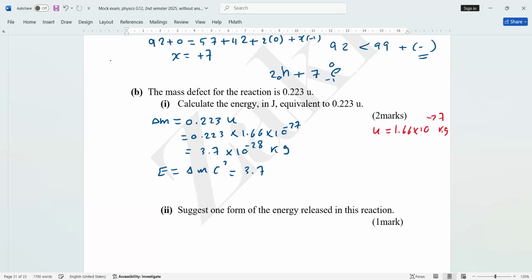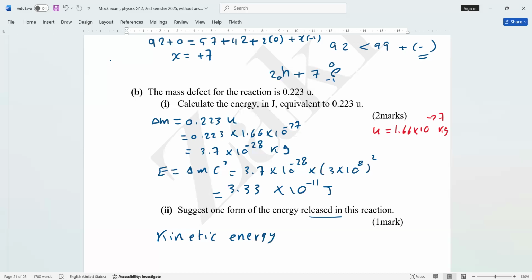So 3.7 times 10 power negative 28 multiply bracket 3 times 10 power 8 whole squared. The answer is 3.33 multiply 10 to the power negative 11 joule. Suggest one form of energy released: kinetic energy of products. They move faster after the reaction.